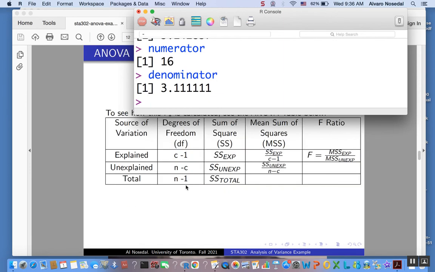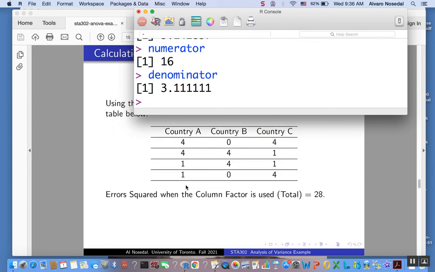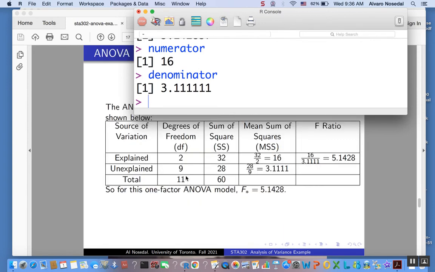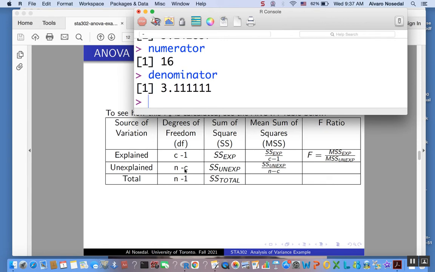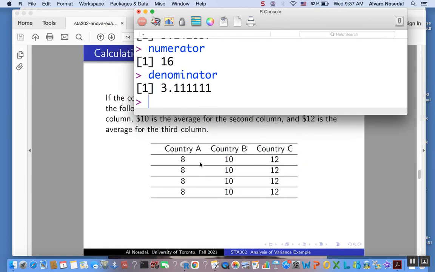So we have 12 observations, then total 11. Unexplained, n minus c. Explained, c minus 1.